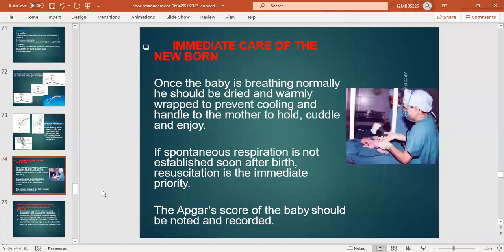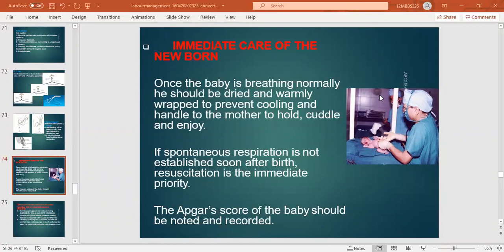Once the baby is delivered, for the immediate care of the newborn you have to warm the baby, wrap the baby, and keep the baby in a warm environment, under radiant heaters. Then wrap the baby in dry clothing, and give the baby to the mother, alongside the mother.